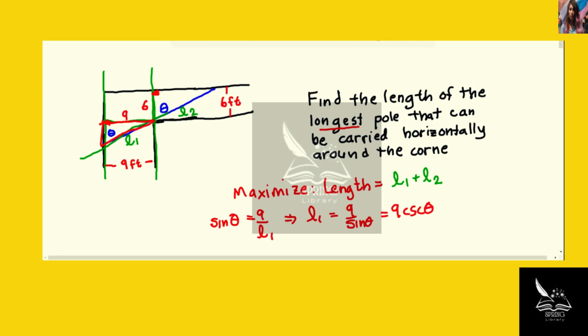And then in this triangle up here, I have an angle, the adjacent side and the hypotenuse. So the cosine of theta equals 6 over L2.